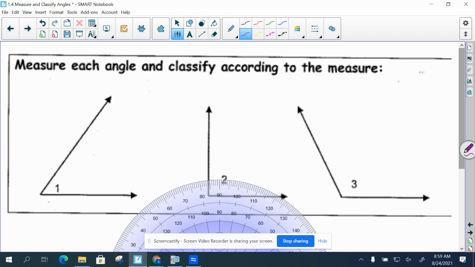Let's practice using our protractor. Measure each angle, write down the measurement you get, and then classify according to measures. Just do it to the nearest unit, you don't have to worry about 0.1 or 0.5.